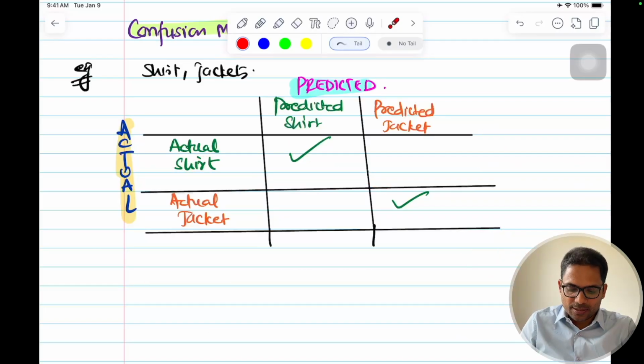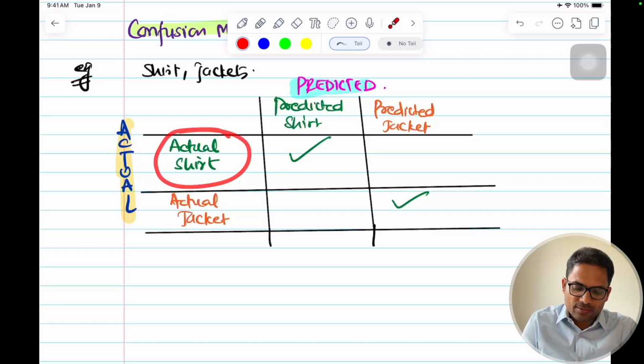But as I mentioned, a shirt can be confused with a jacket. If my point of reference is a shirt, that is my actual thing that I'm looking for, whether all the shirts are classified well or not.